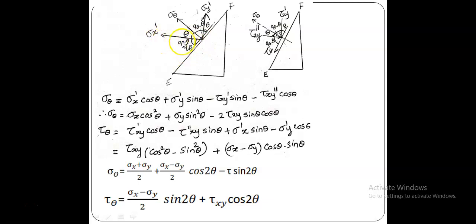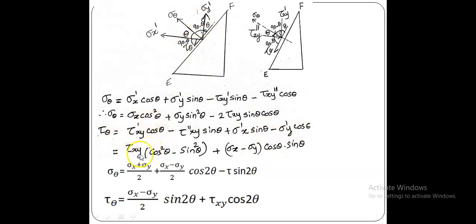Therefore plus sigma x dash into cos of (90 minus theta), or plus sigma x dash sin theta. You see that plus sigma x dash sin theta, and here the sigma y dash, it is theta, but when it is resolved into this tau theta, it is showing this direction, opposite direction to tau theta, and therefore minus sigma y dash cos theta.